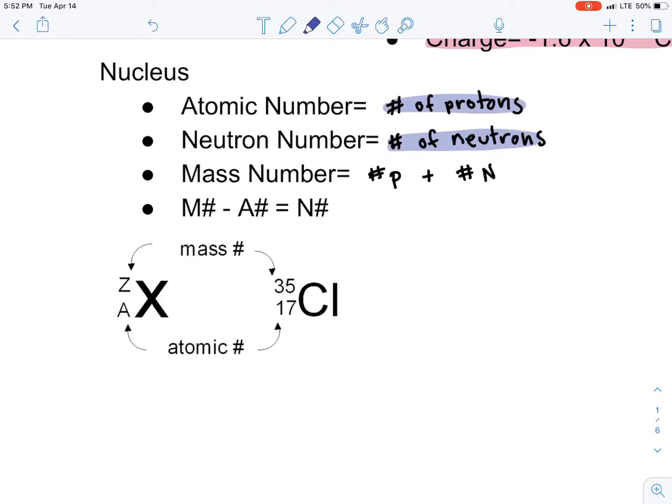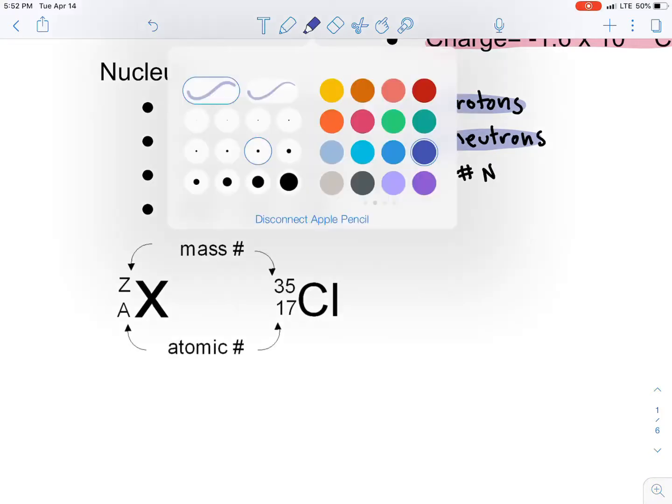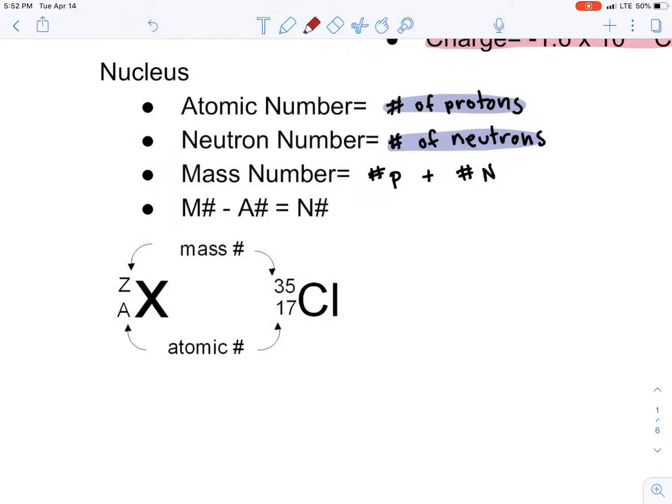All right, now let's look at our numbers here. Now in the nucleus, we need to worry about those internal numbers, not worried about charges like we normally are. So the mass number is going to go on the top. And on the bottom, we're going to put the atomic number. Now we're not going to say the number of neutrons. You're going to have to use your calculator or your brain to calculate that out, right?